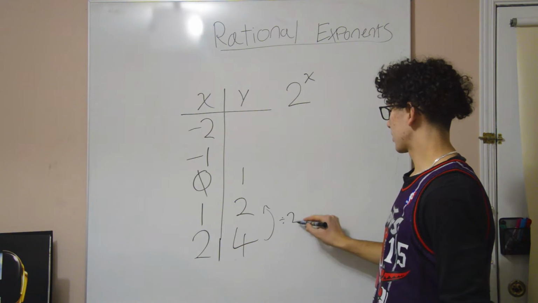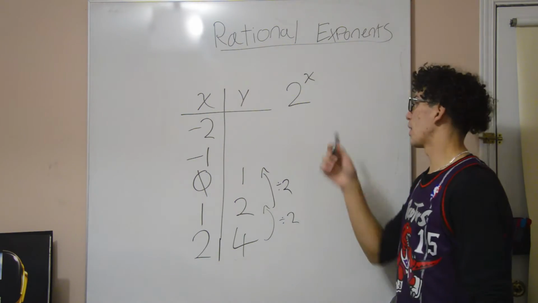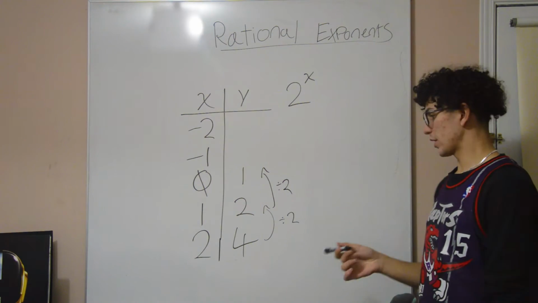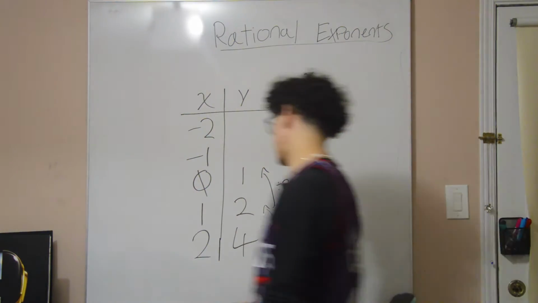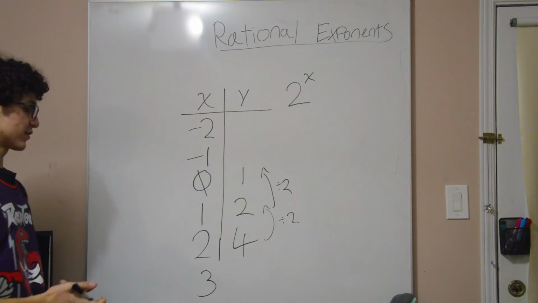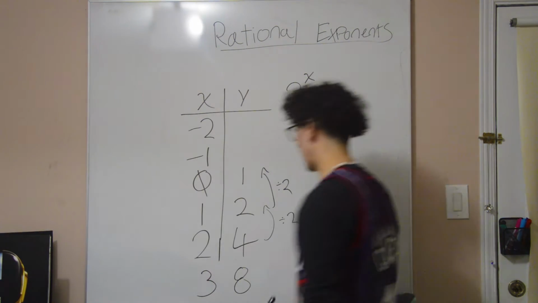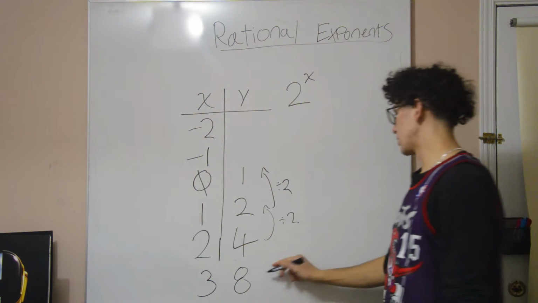This is dividing by 2 every single time. It's dividing by our base, right? And if we were to keep this going, let's say out to 3, well, 2 to the power of 3 gives us what? Well, 8. And to get from 8 to 4, we divide by 2.